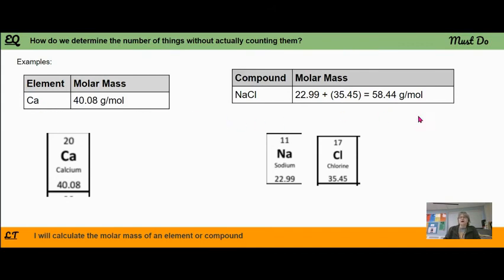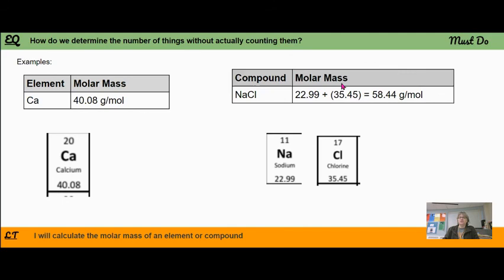Here's another one. This one is sodium chloride, table salt. So we have sodium and we have chlorine. Sodium has 22.99, the number at the bottom. We're going to write that here. And then chlorine is 35.45, so we're going to write that right next to it.